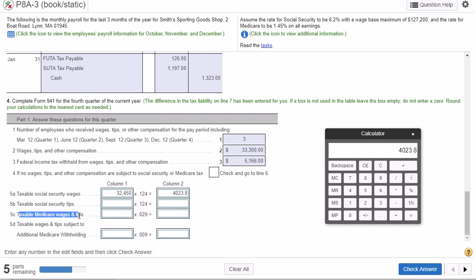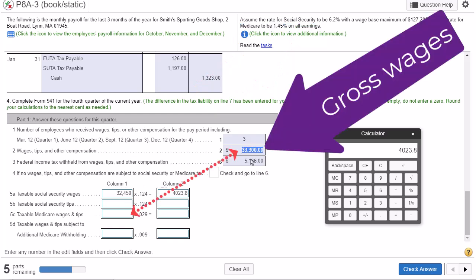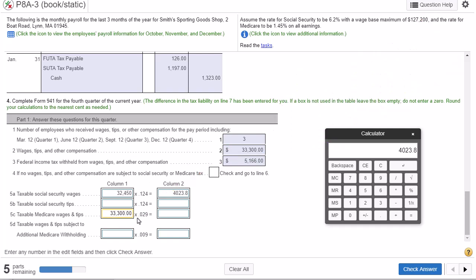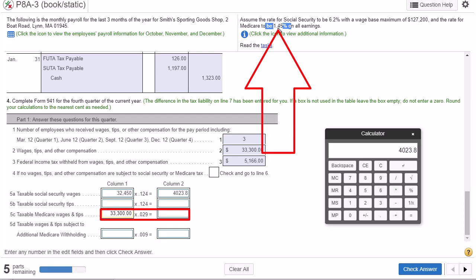Taxable Medicare wages and tips. Remember, everything is taxable for Medicare on all earnings. So we're going to take this $33,300, that's the gross wages, and plug it in here. And then we're going to multiply it by this 1.45% twice for the employee portion and the employer portion all at the same time.